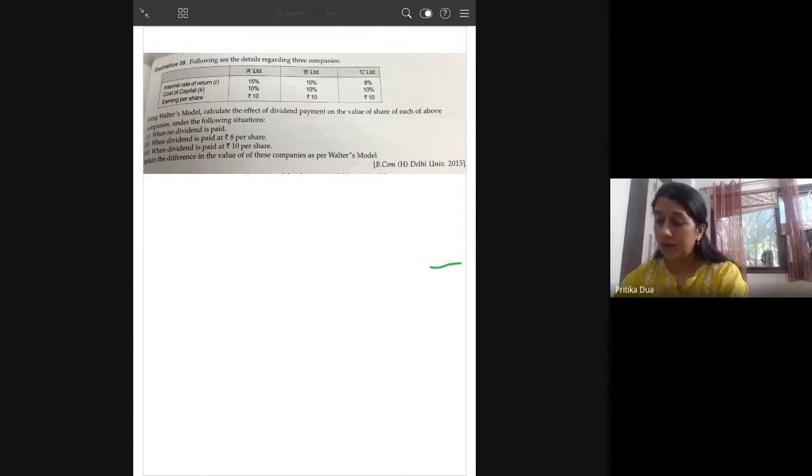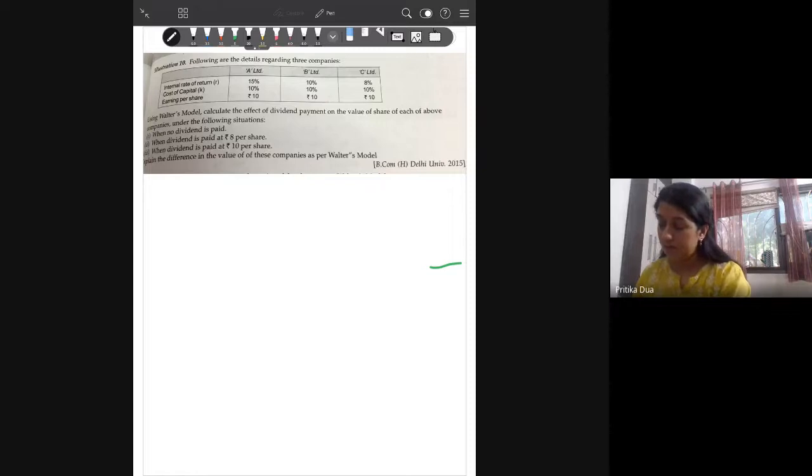Then you have the earning per share. Now, using the Walter model, you need to calculate the effect of dividend under three conditions mentioned in the question. One, when there is no dividend, 0% dividend policy. Second, when dividend is at 8 rupees per share. And third, when dividend is paid at 10 rupees per share.